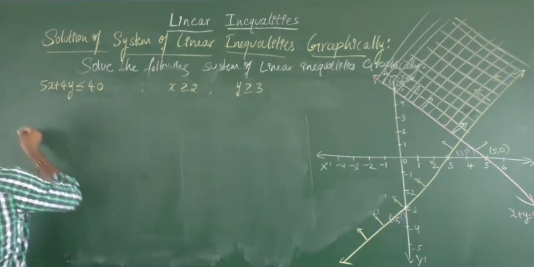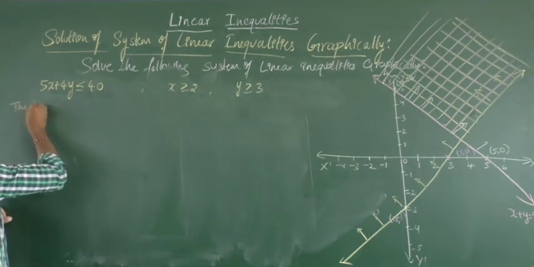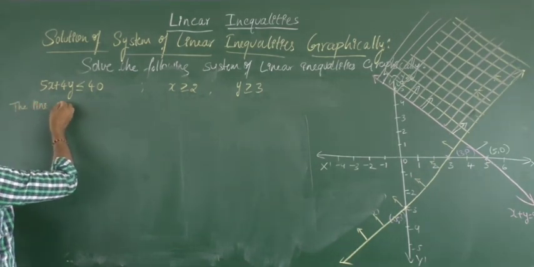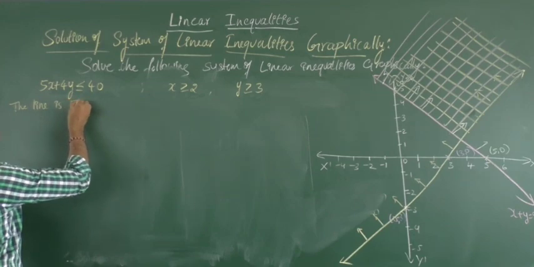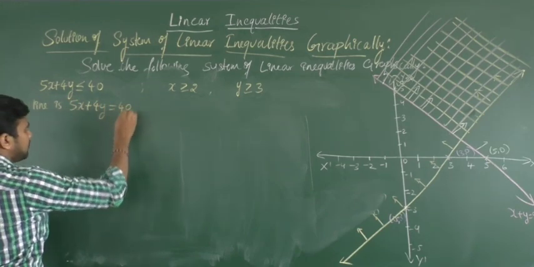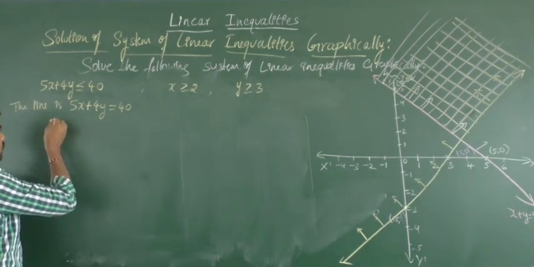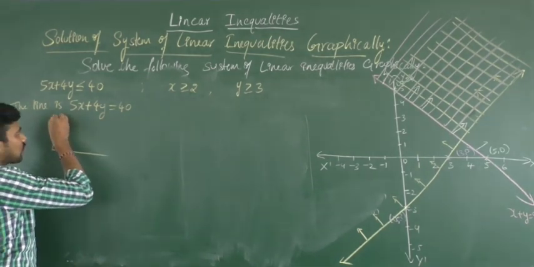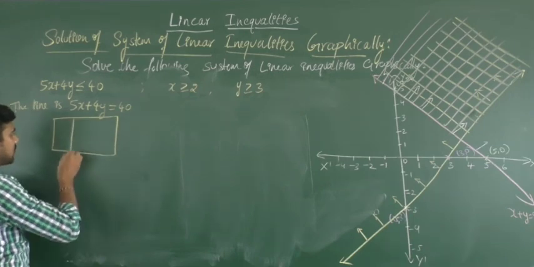So for that, first we need to write the line. What is the line here? We get the line 5x plus 4y is equal to 40. Now find out the points on the coordinate axes.